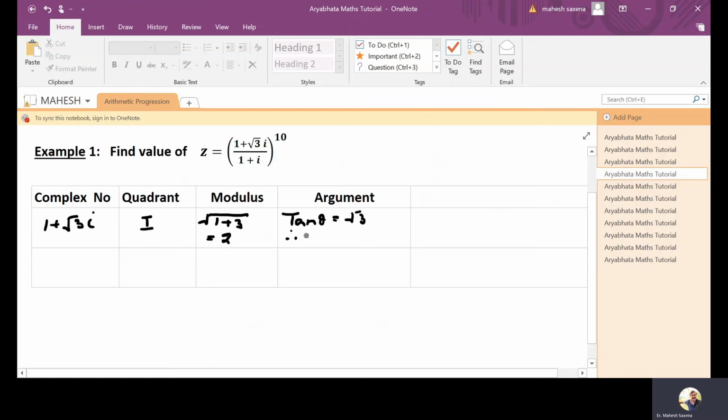Therefore, theta is equal to 60 degree or pi by 3. Therefore, we can write 1 plus root 3 i is equal to 2 common modulus, that is 2 (cos 60 degree plus i sin 60 degree).